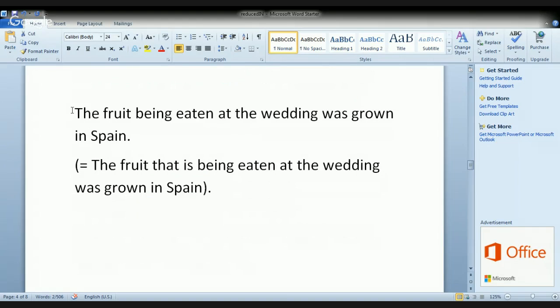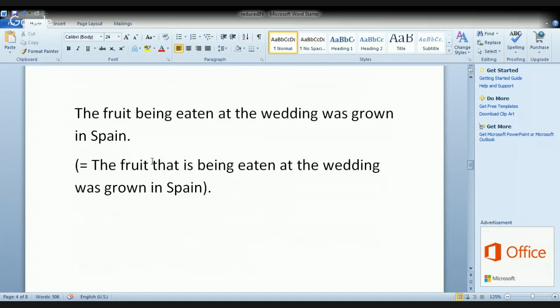We go on to this next sentence. I think I've answered all of my questions about the previous sentence. For example, the fruit being eaten at the wedding was grown in Spain. And of course I had to put my little touch in here of Spain. Fruit being eaten. Well, that comes from the fruit that is being eaten at the wedding was grown in Spain.